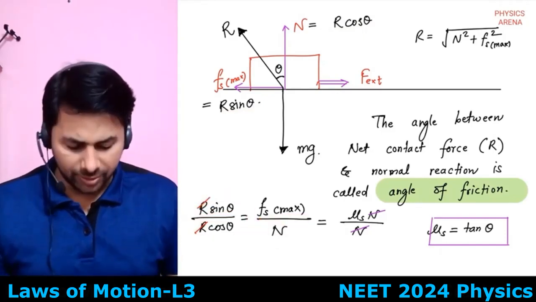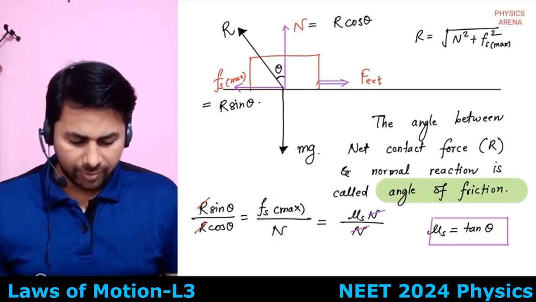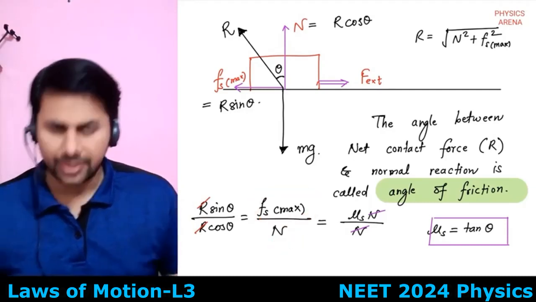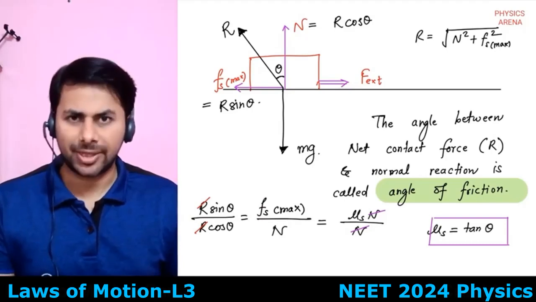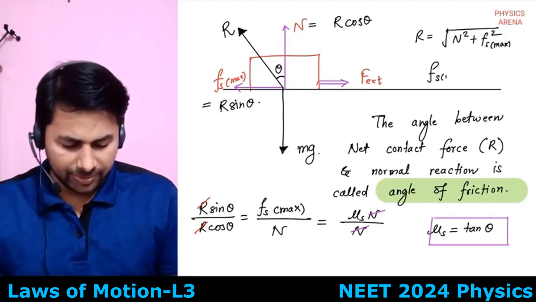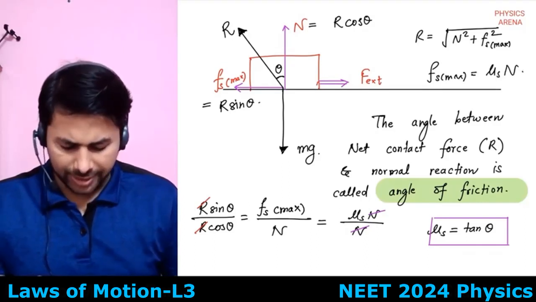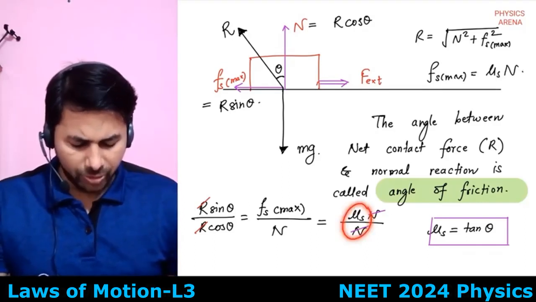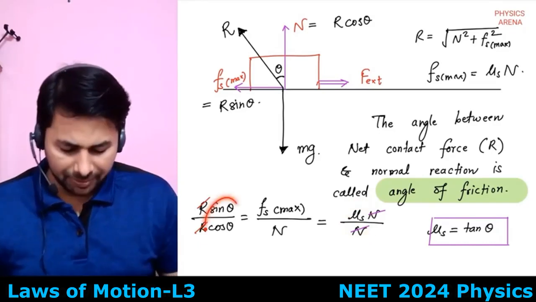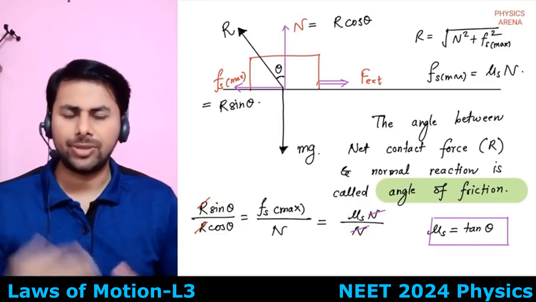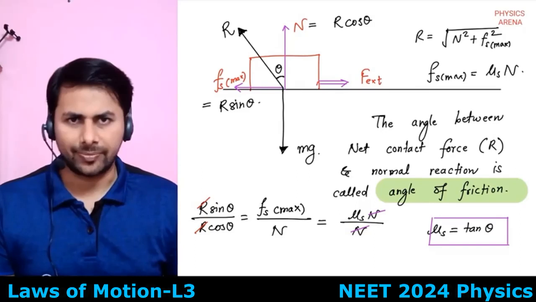Okay, tan θ is equal to Fs max upon N. We know what Fs max is. It is μs multiplied by the normal reaction. So you get μs on the right-hand side, on the left-hand side you have tan θ. That means μs is equal to tan θ.